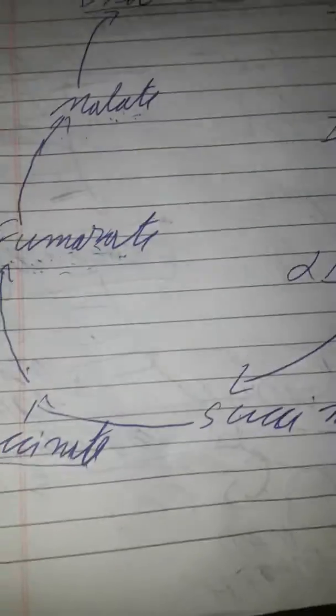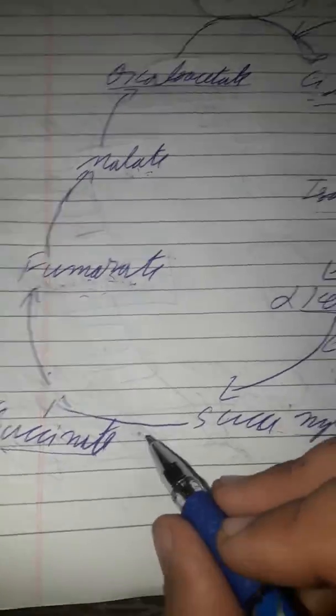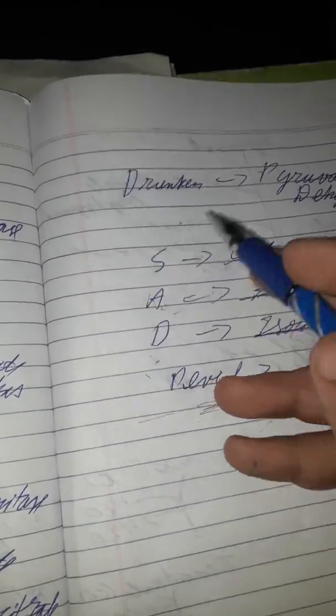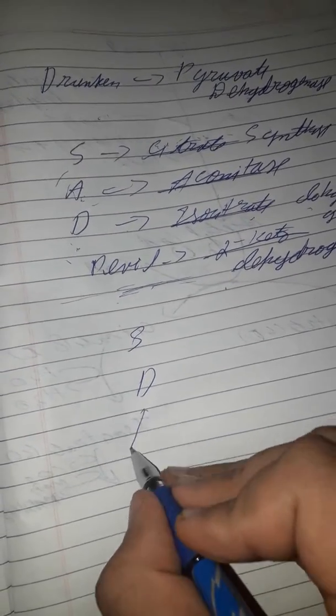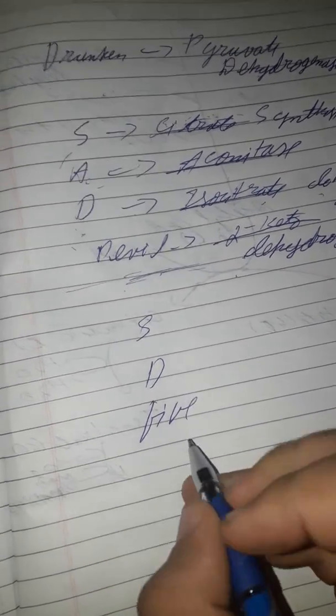Now next one is succinyl coenzyme A. What should we write here? Remember again: drunken sad devil has an SD card, right? Yes, an SD card which has 5 demons in it.